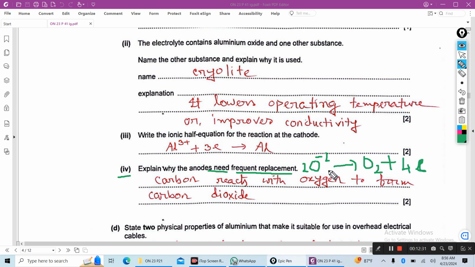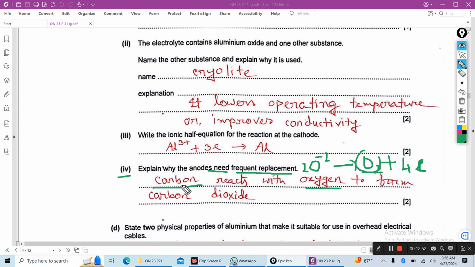This oxygen reacts with carbon, as the anode is made of carbon. So as oxygen is produced, it reacts with the anode to produce carbon dioxide.